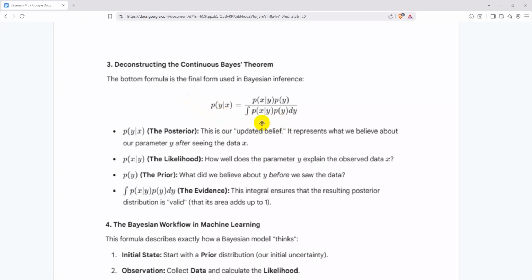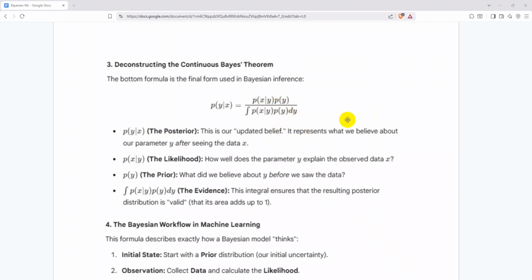Now let's understand each part clearly. Probability of y given x is the posterior. This is our updated belief about y after seeing the data x. Probability of x given y is the likelihood. It tells us how well a particular y explains the observed data. P of y or probability of y is the prior.